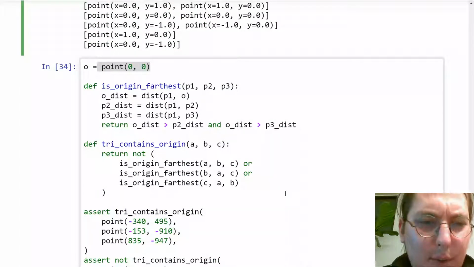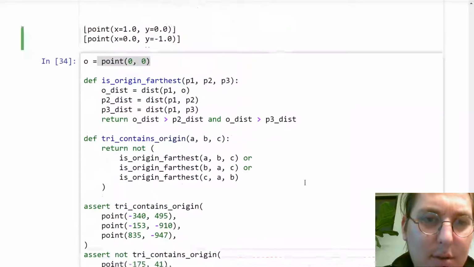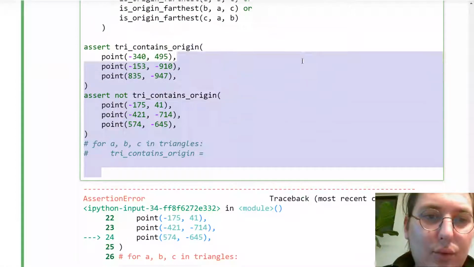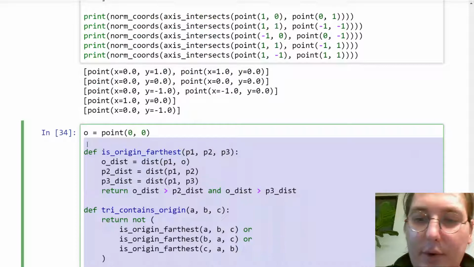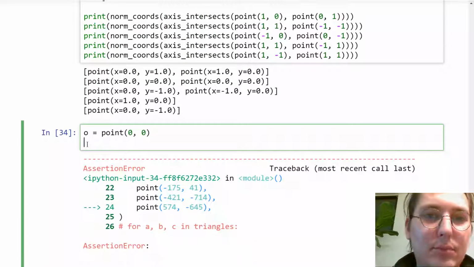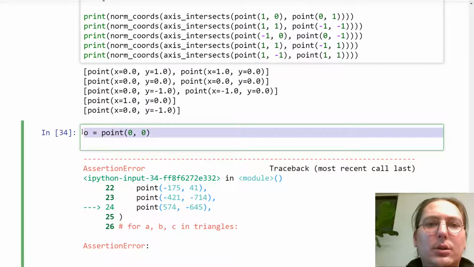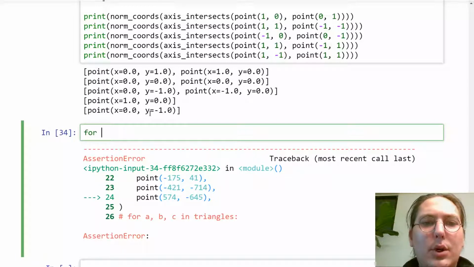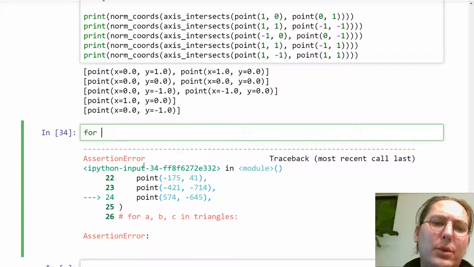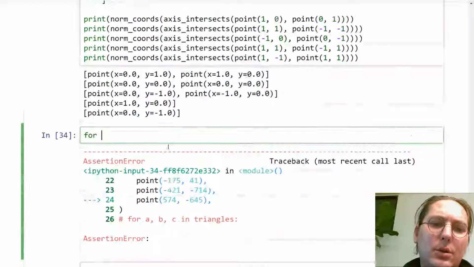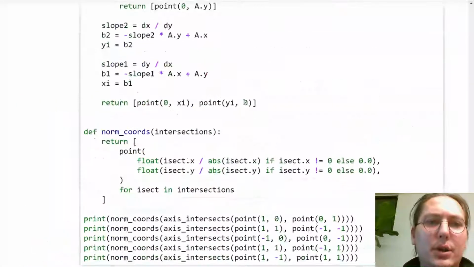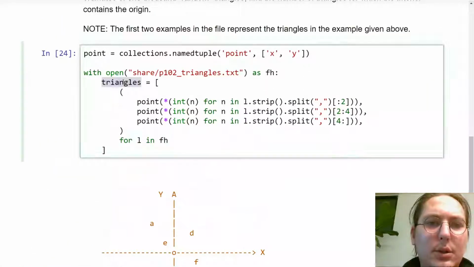Okay, so I don't think we need any of this, apart from maybe origin. Not even that, I guess. Okay, so we want all combinations of points, I think. So, I guess I have triangles here, don't I? Yes.